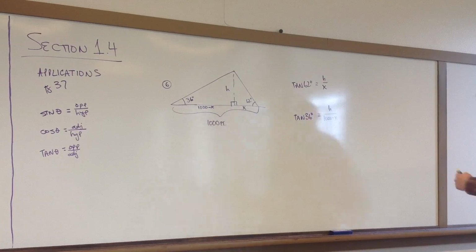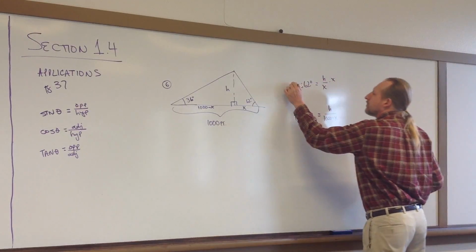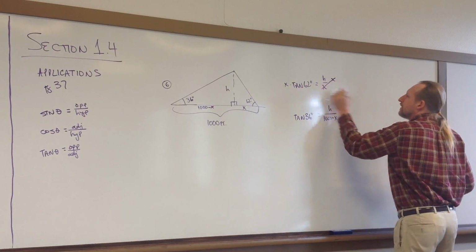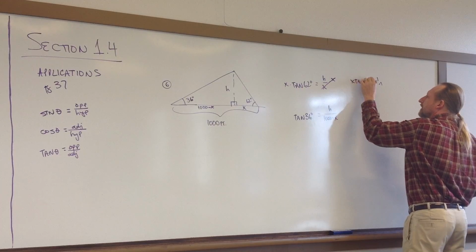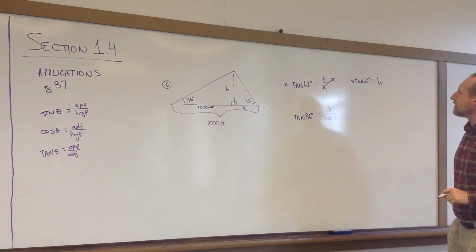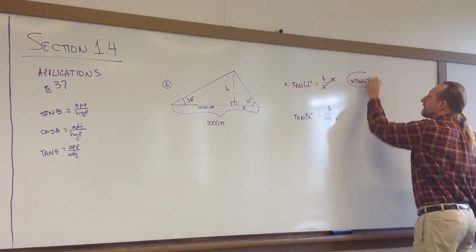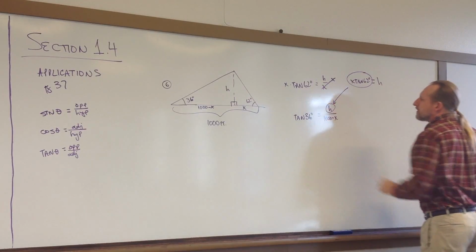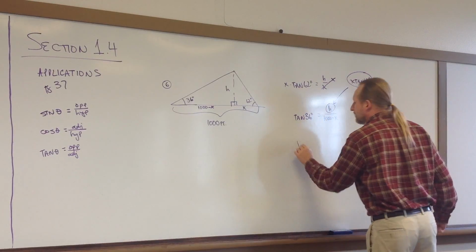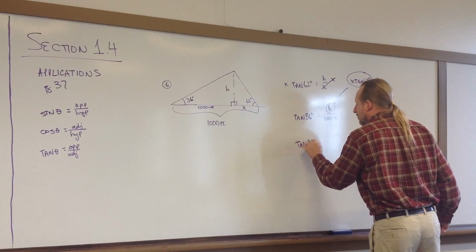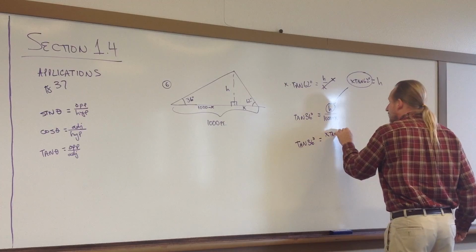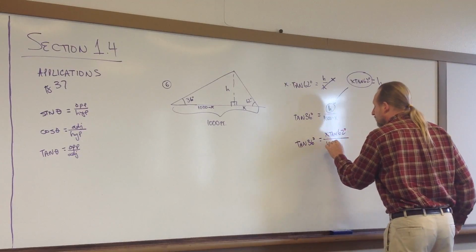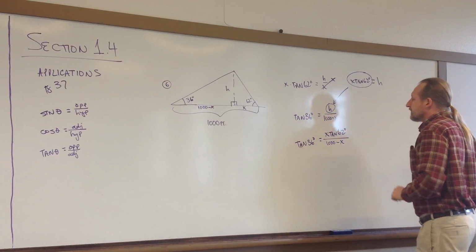Let's multiply on both sides by x. So that says h is x times the tangent of 62 degrees. Now let's put that into the other equation in place of h. So tangent 36 degrees is x times the tangent of 62 divided by 1,000 minus x.